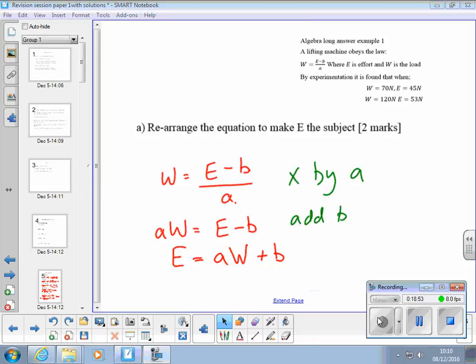Answers. So, first part a, rearrange the equation to make E the subject. First of all, multiply both sides by a, and then add b to both sides. So you should end up with E is equal to aW plus b. 2 marks. Should be a reasonably easy 2 marks if you are familiar with rearranging equations.